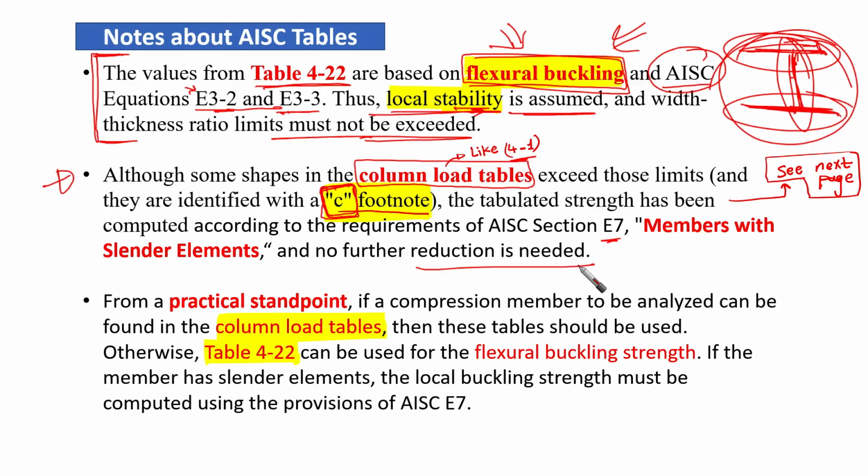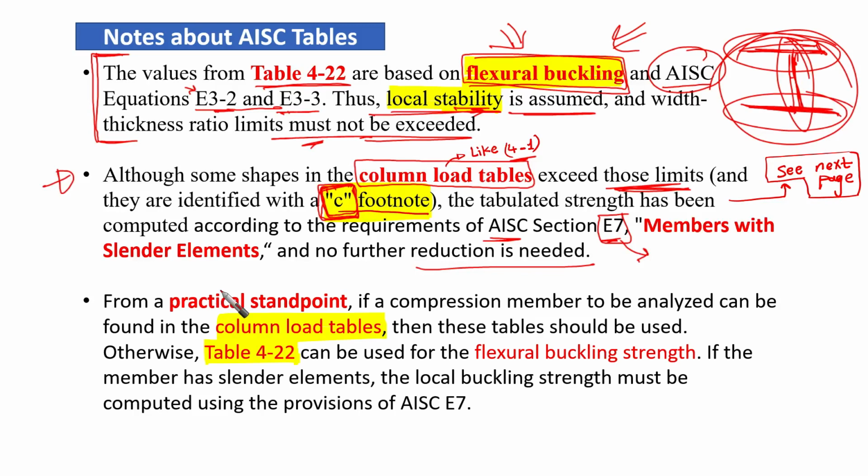Okay, so we need to confess that there are some shapes in column load tables that exceed those limits, the limits I mentioned here for the local stability issues. Those sections are going to be identified with a C footnote. The tabulated strength has been computed according to the requirements of AISC section E7, which is related to members with slender elements, and no further reduction is needed.